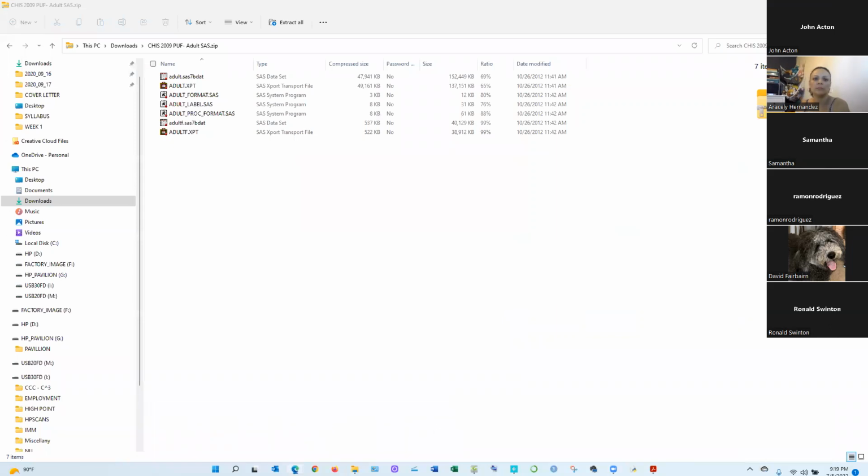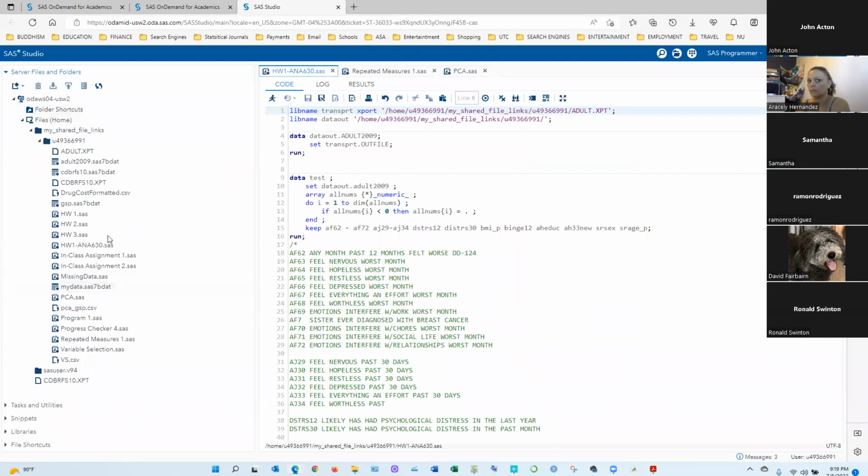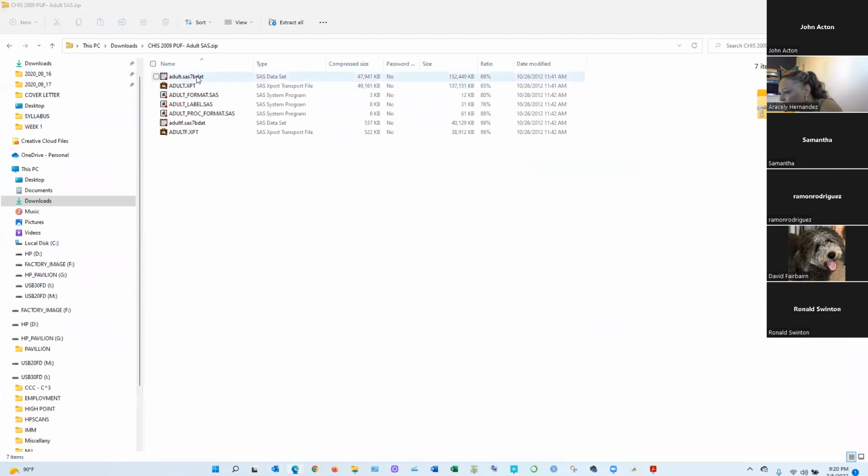I uploaded that into the server first and then converted it into SAS data. I'm gonna try to pull that out and then drop it into that one.